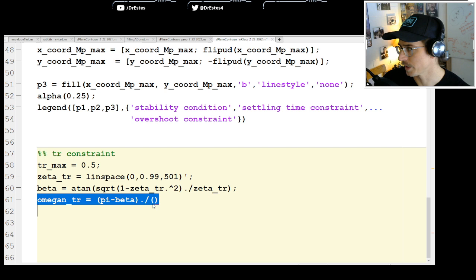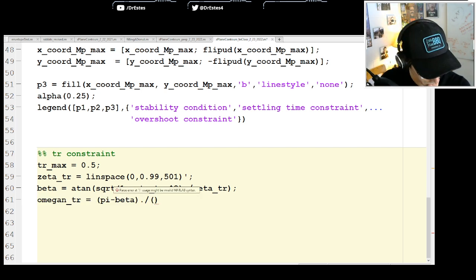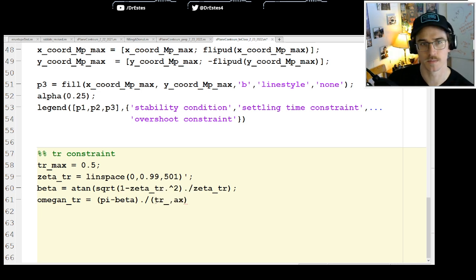Okay, so when we calculate omega n, we divide by that rise time, tr max, times the square root of 1 minus our damping ratio squared.